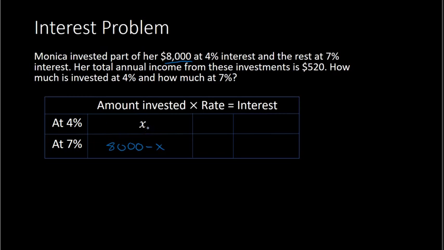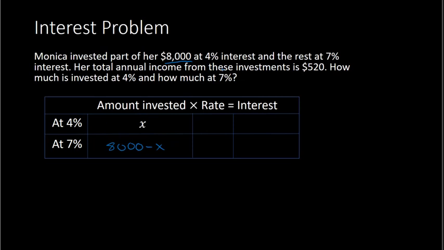Because whatever was invested here, we subtract from 8,000 to find what was invested down here. For example, if you invested $1,000 here at 4%, then the rest would be at 7%, which would be 8,000 minus 1,000, which is 7,000. Okay, so that would be your setup for the amount invested.